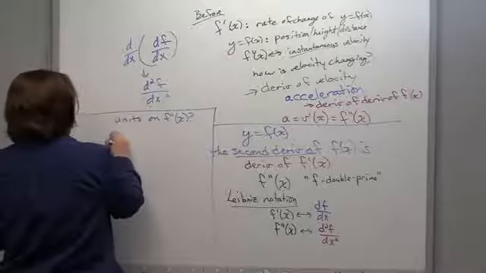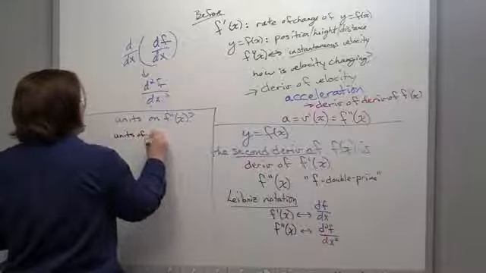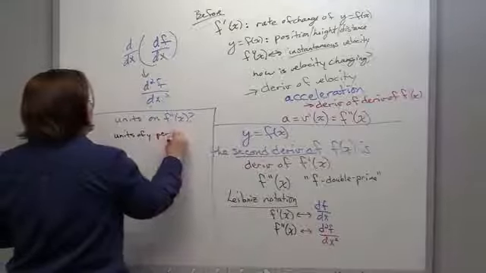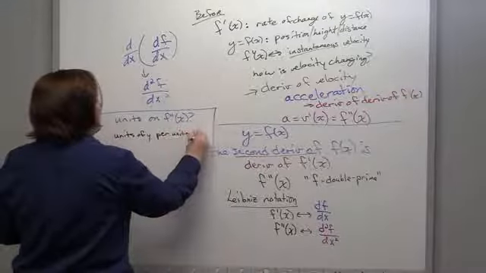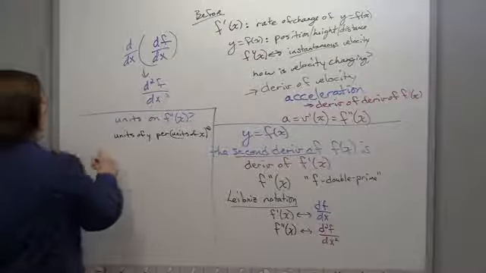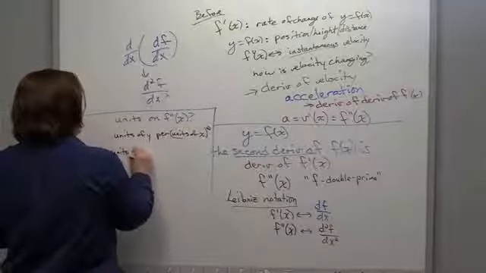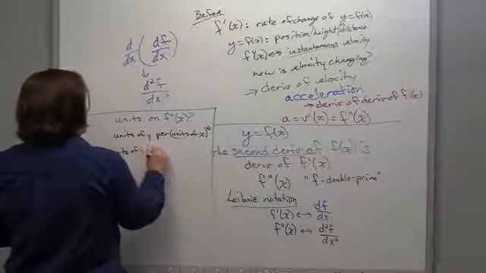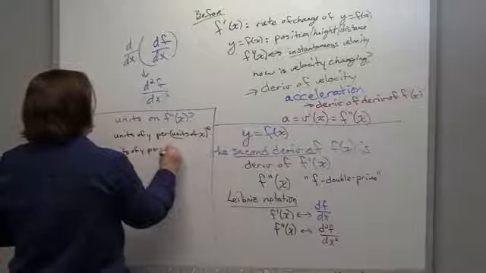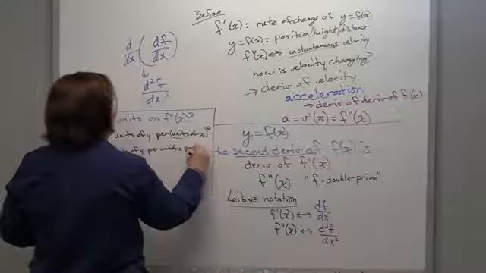You would have units of y per units of x squared, or you might have units of y per units of x per unit of x.